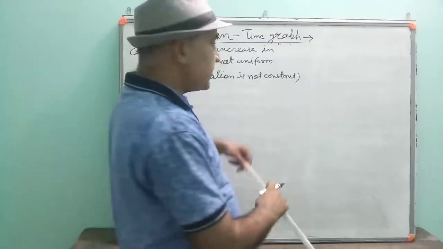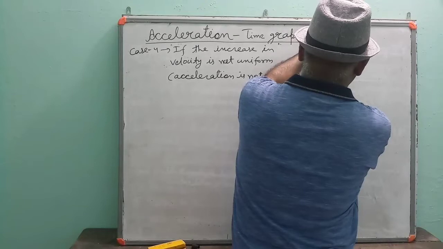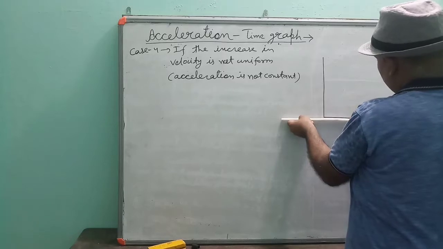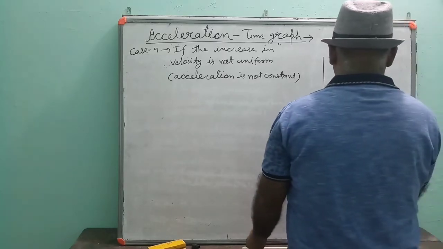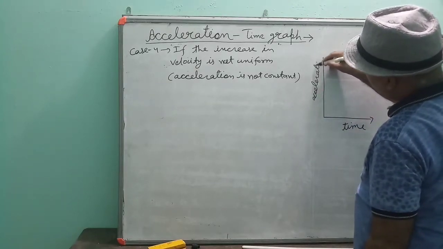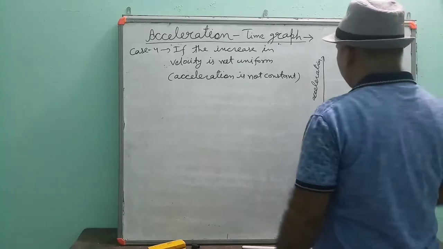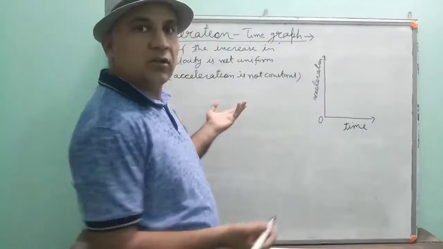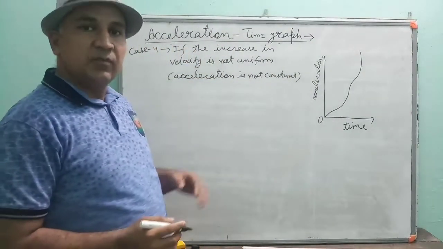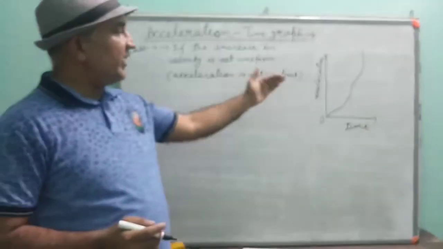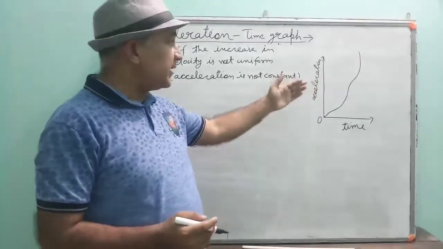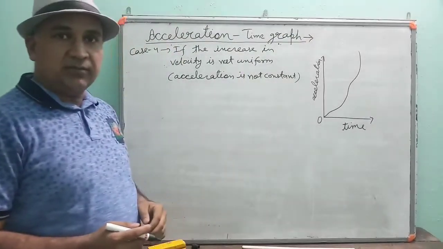If velocity is changing in different ways, then see here, this is the time, this is the acceleration. Since acceleration is not constant, we will find a curve graph. If we are given values of acceleration and time in which the acceleration is not uniform, the acceleration is changing, then we will find a curve.